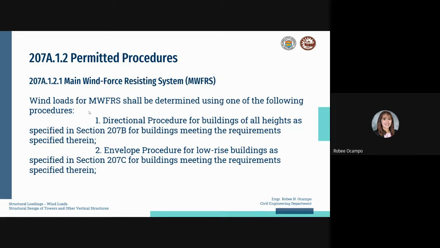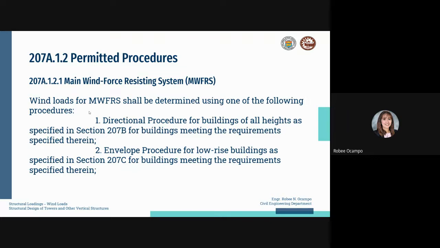You have here the directional procedure for buildings of all heights, as specified in Section 207B for buildings meeting the requirements specified therein.